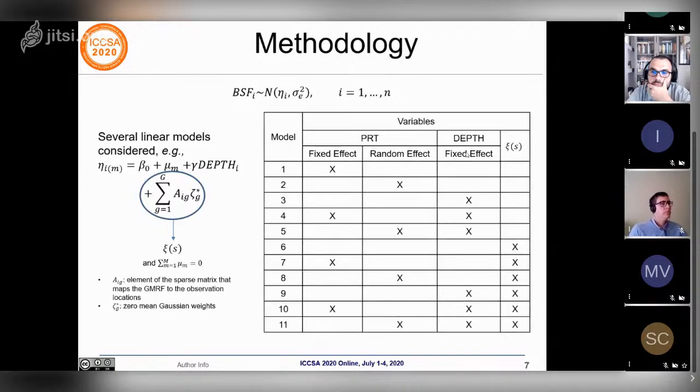The other 10 models considered are summarized in the table, and, for instance, the variable group tonnage was considered either as categorical or a random effect, whereas the variable depth was always considered as a fixed effect when included in the model.